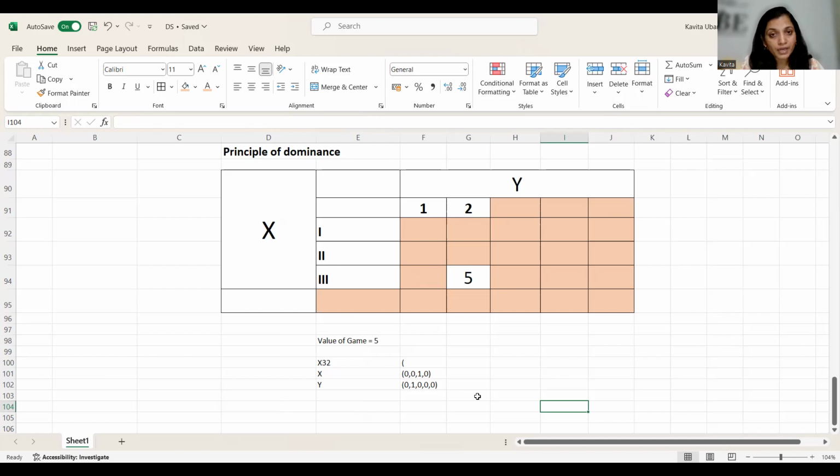To find the saddle point, we calculate row minima and column maxima. If there is the same value in row minima and column maxima, the intersection of that particular row and column will be your saddle point. If you are able to find the saddle point of a particular matrix, then the saddle point is nothing but the value of the game.